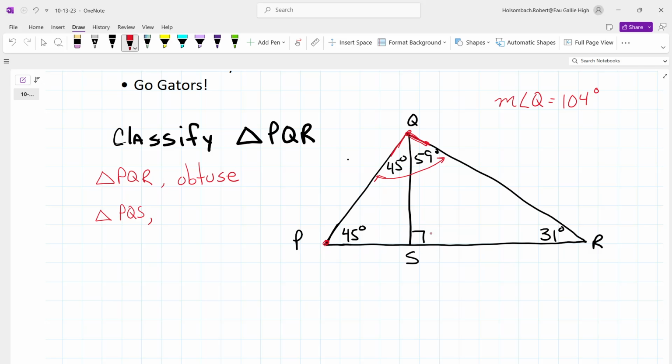If we look at this 90-degree symbol down here at angle QSR, if the right side of this angle is 90 degrees, what's the measure of the left side over here? Yeah, it's 90 as well. These two are a linear pair. They sum to 180, so if this angle is 90 degrees on the right, then the angle on the left is 90 degrees. So triangle PQS is a right triangle.